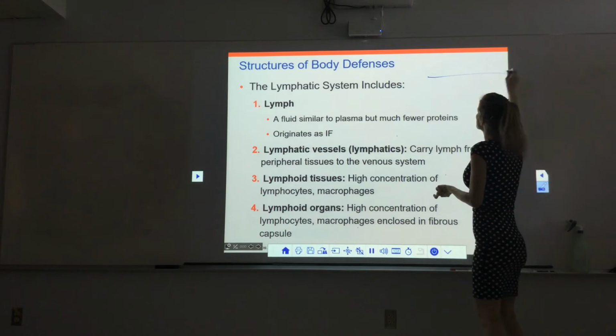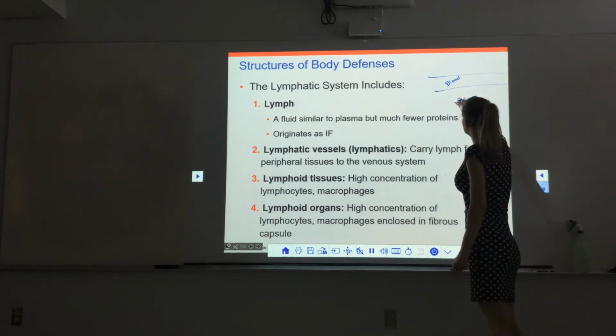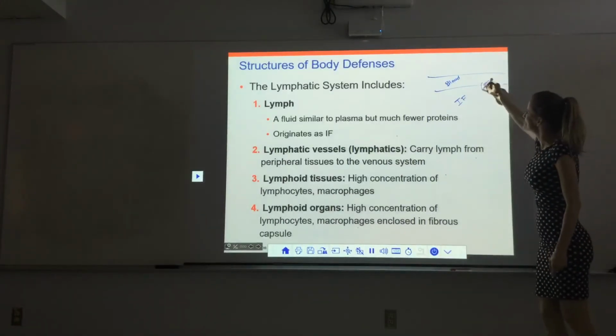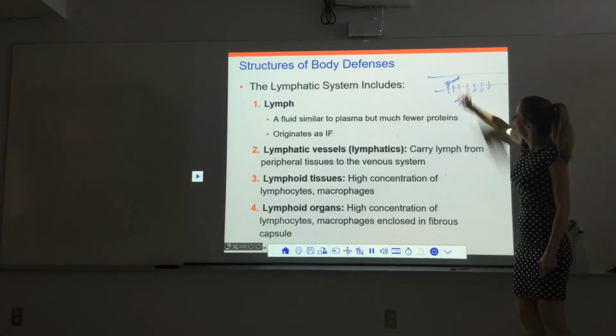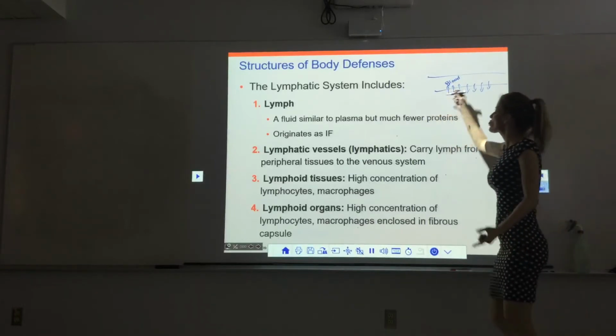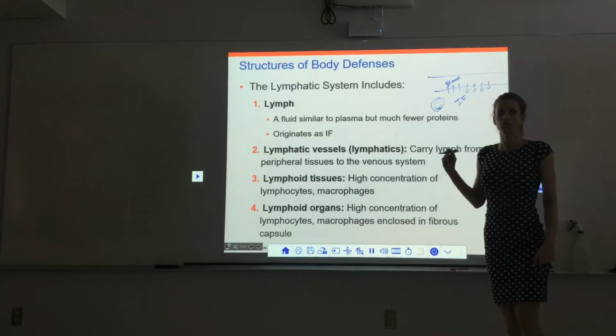When we talked about capillary exchange, we said this was the blood in the capillary, this was the interstitial fluid. And we said we filter out a bunch and then we reabsorb some. And we don't reabsorb all of it, right? We've got about 3.5 liters that stay out here in the interstitial fluid.